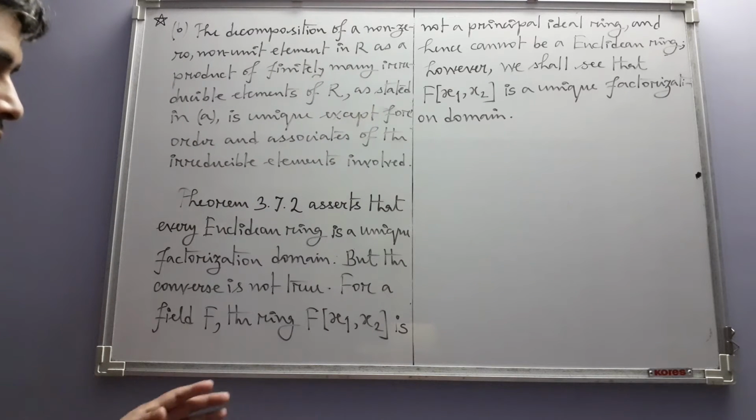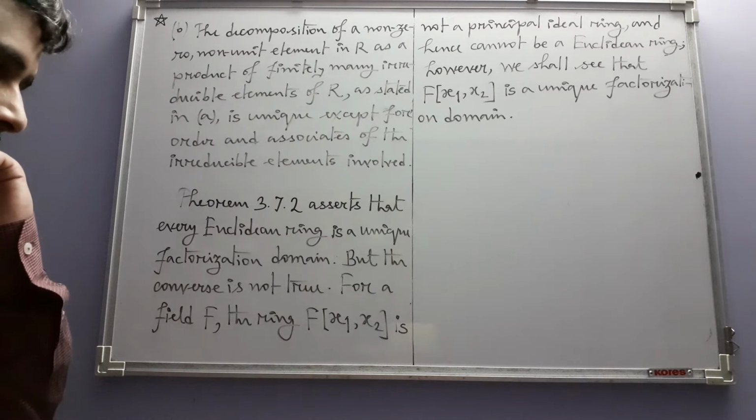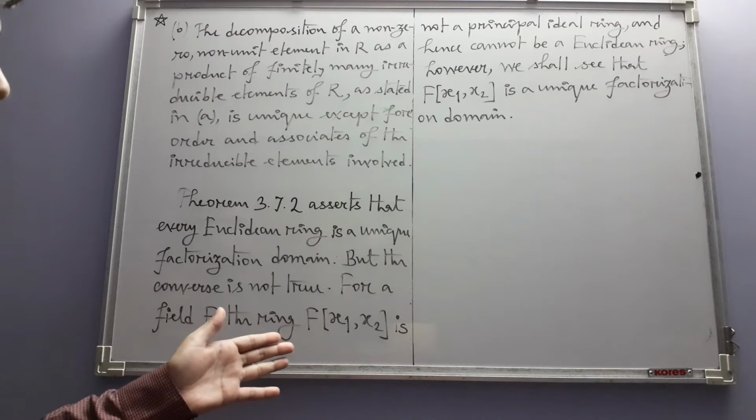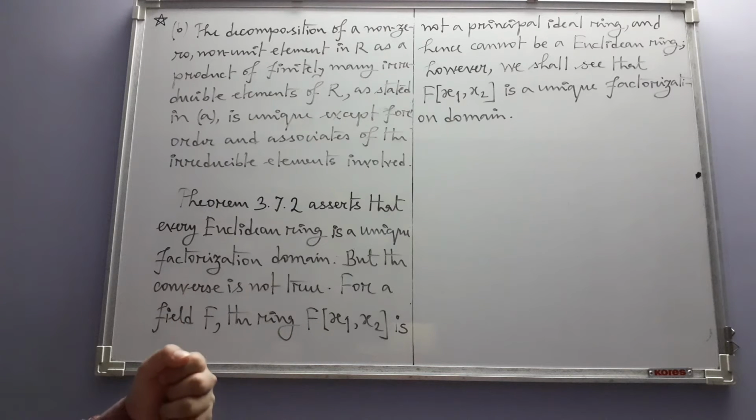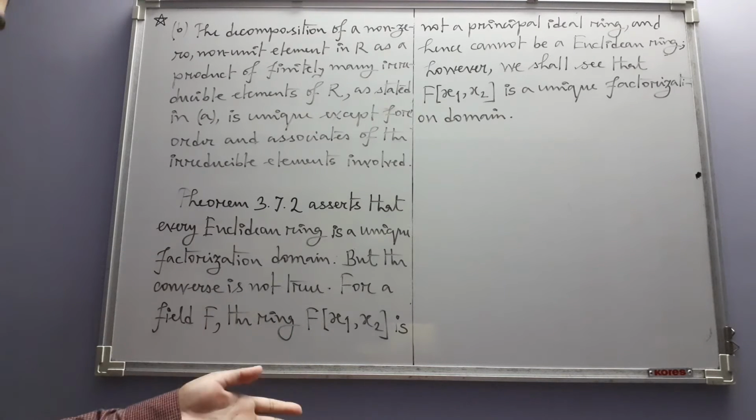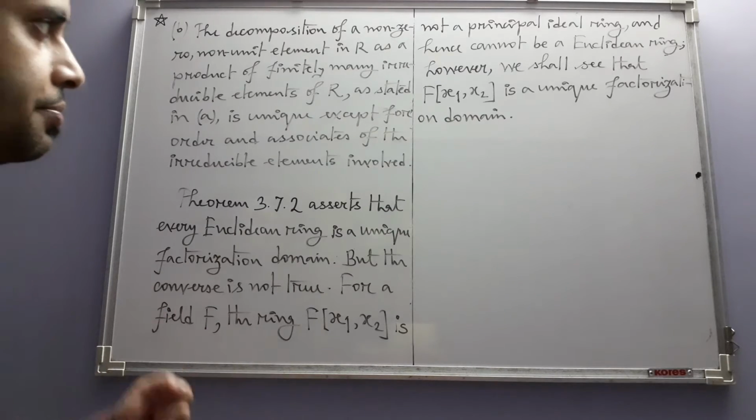So this provides us with an example of a unique factorization domain that is not a Euclidean ring and that is also not a principal ideal ring.